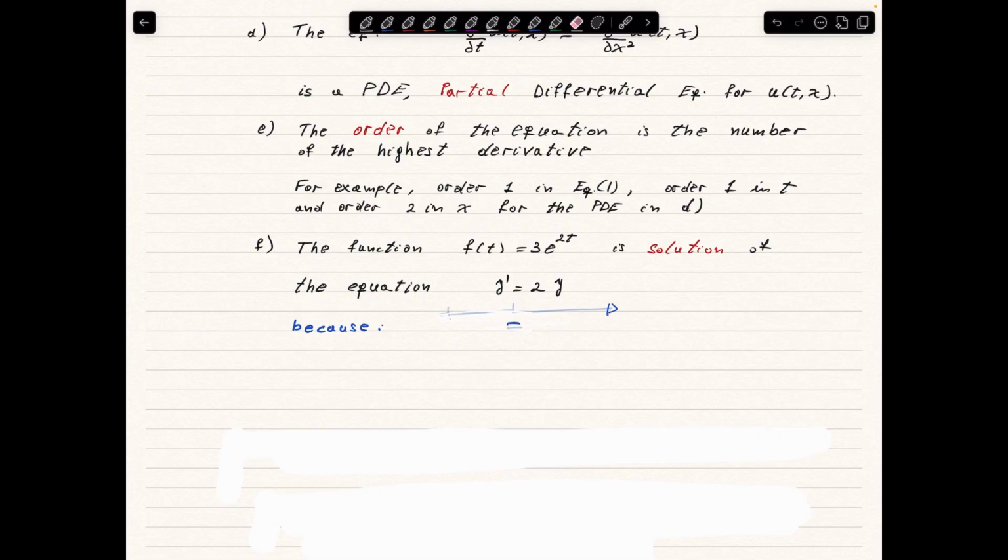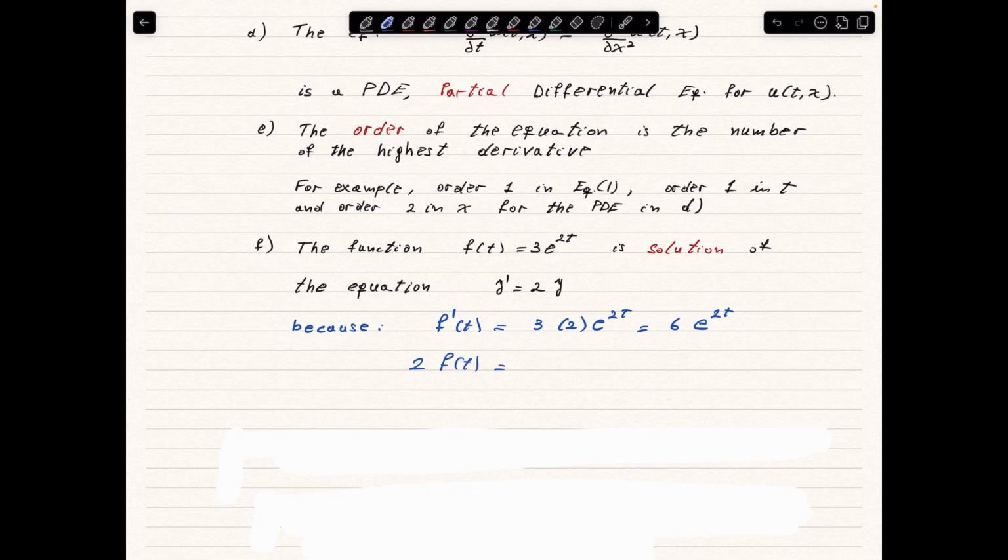So let's compute the left-hand side of the equation. How do we do that? Well, we have to compute f prime of t, but the derivative acts only on the exponential because 3 is a constant. So this is 3 times 2 exponential 2t, or what is the same, 6 exponential 2t. Now we compute the other side of the equation, which is 2f.